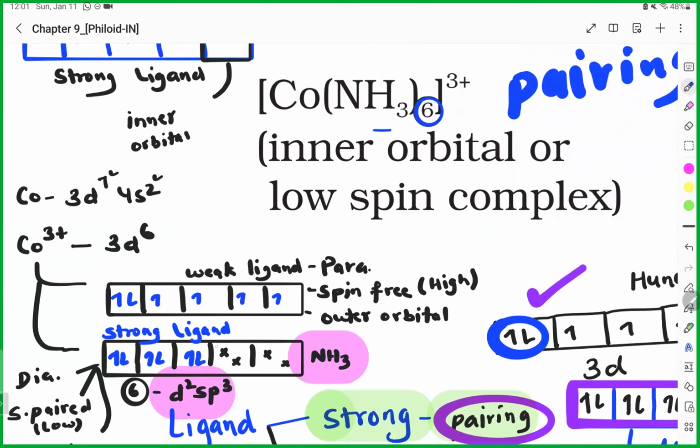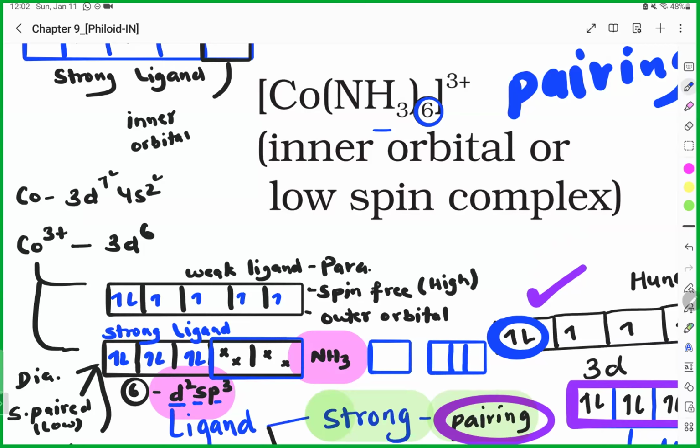First, the inner 2 d orbitals are vacant. After d you have s, and then you will have 3p. So 2 d orbitals are free to accommodate electrons, 1 s orbital free and 3p. Total 6 orbitals are free. 6 coordination number means you need 6 free orbitals so you can take electrons.